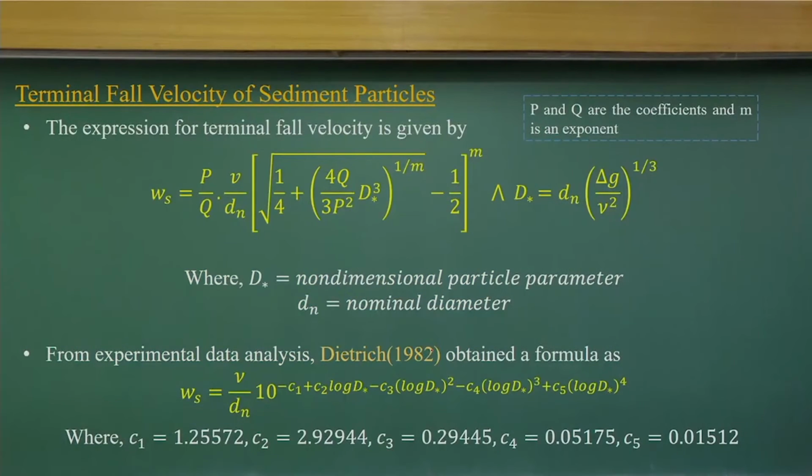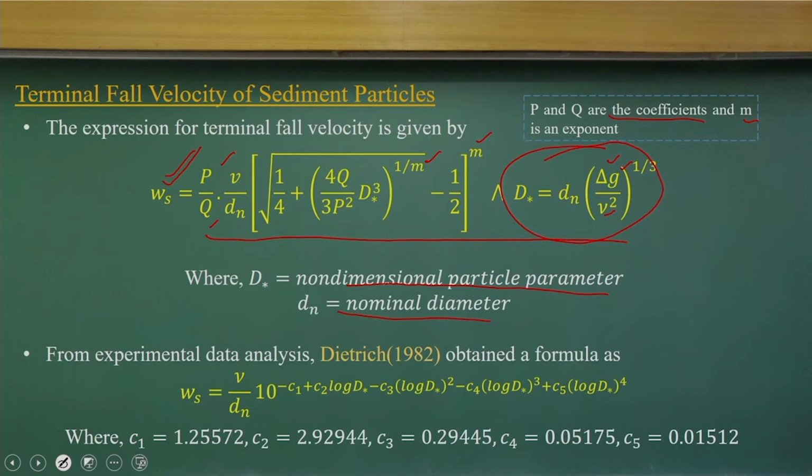In the same way, by conducting a series of experiments, the terminal velocity has been established with coefficients P and Q, where N is an exponent value, and D star depends upon the non-dimensional particle parameter, which doesn't have dimensions. It involves dN, delta, which you know is S minus 1, g, and the kinematic viscosity squared. dN stands for the nominal diameter we discussed in the previous class. So you can compute the fall velocity.